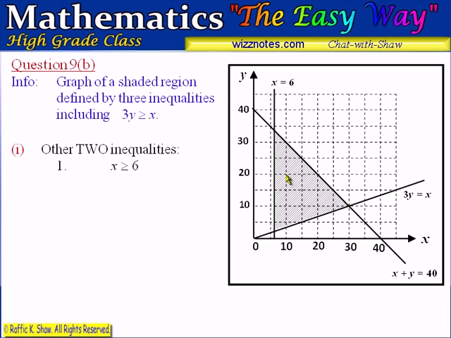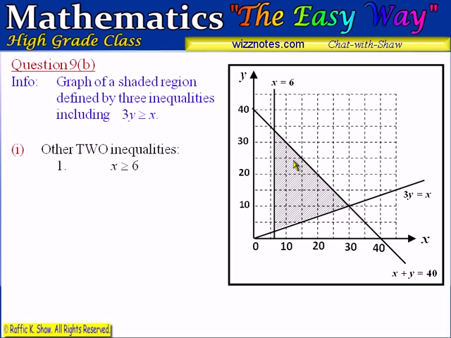So for example, at this point where x is 10 and y is 20, x plus y at this point is 30, and 30 is less than 40. So the shaded region also represents where x plus y is less than 40, because the shaded region is below the line. Regions below this line, x plus y will be less than 40.